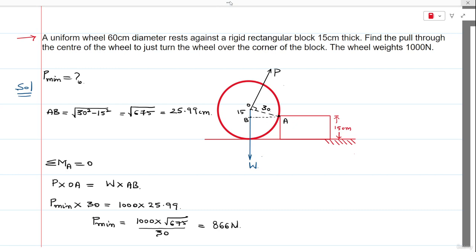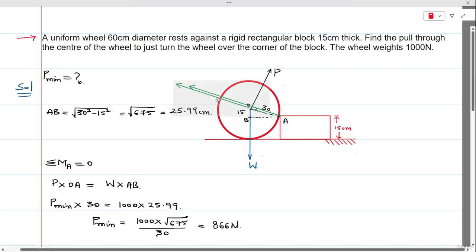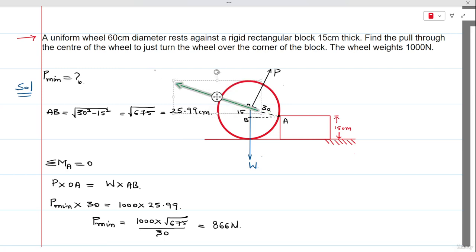And now there will be one more force that is going to be added, and that is due to the contact A, and we can refer to that force as the normal reaction. So the normal reaction will be directed from the point A towards O. It will be radial in nature, no doubt about it. So let's call this the normal reaction R, and we observe that this force R is perpendicular to P. Now if we apply Lami's theorem, we can solve the problem.